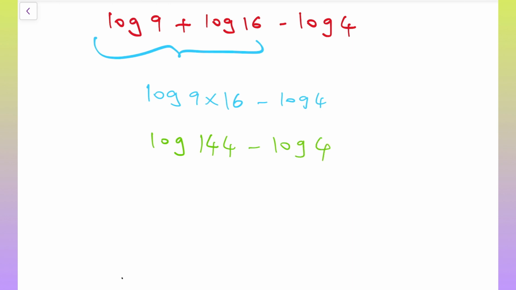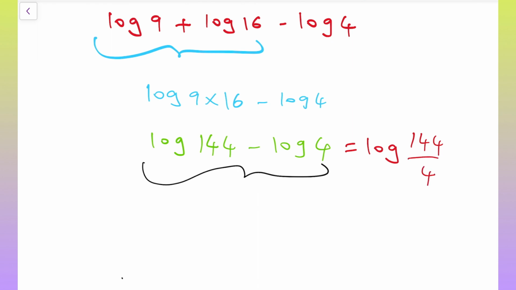Then what we need to do? If minus is there in logarithms, we need to do division. Log 144 by 4. Is it possible to do the division? 4 1s are 4, 4 3s are 12, 4 6s are 24. So our final answer is log 36.